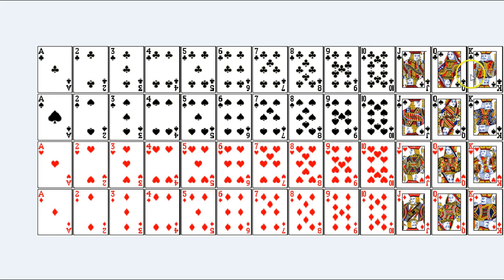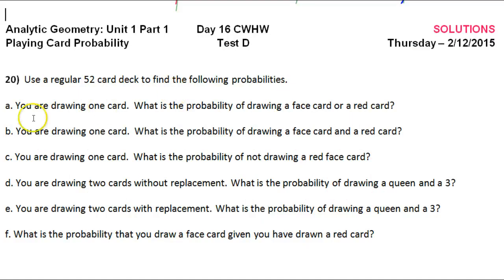You know that they are face cards because they have little faces on them. All right, and of course, the ace. All right, so basically it's like 1 through 10, and then 3 face cards, that's 13 cards. 13 times 4 is 52. All right, so keep this all in mind as we look at these probability questions.